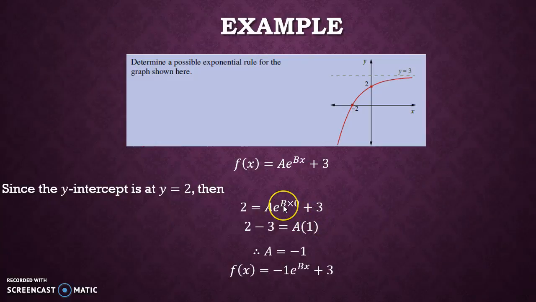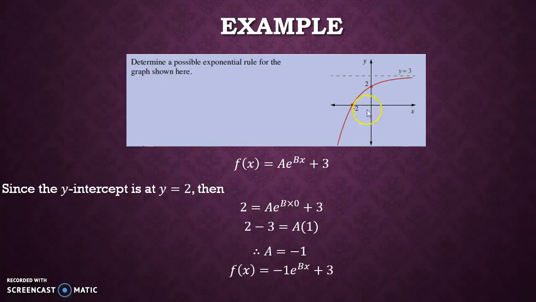Now e to the power of 0 is 1. In this next line, all I've done is subtract 3 from both sides. So we have 2 minus 3 equals a times 1, so a equals -1. So we can update our model now. That is f(x) equals -1 e to the power of bx plus 3.